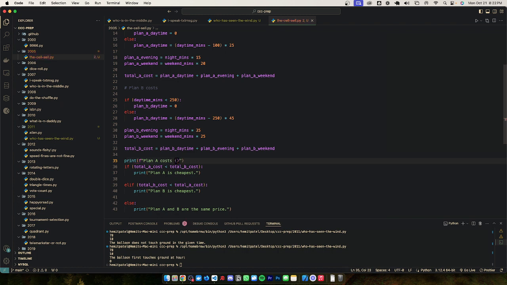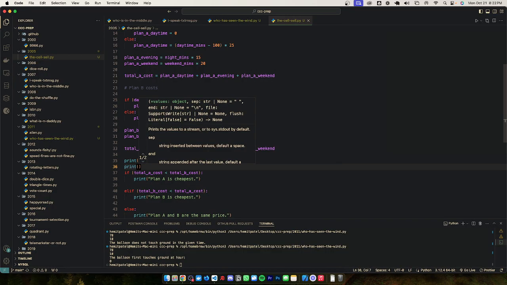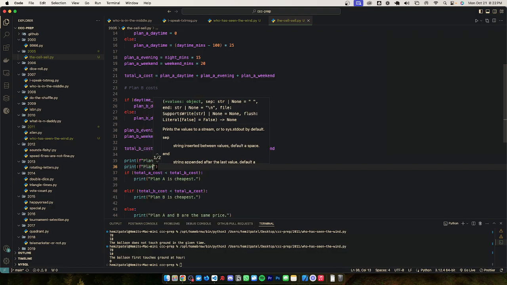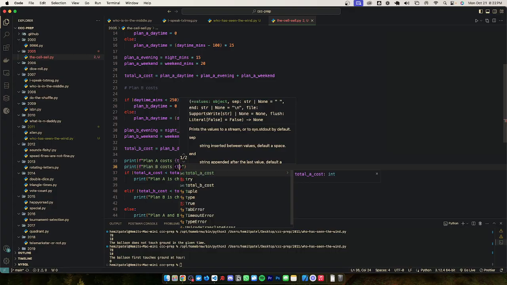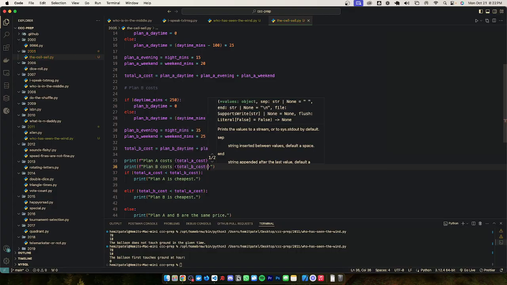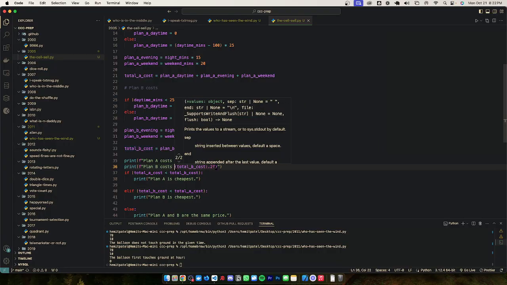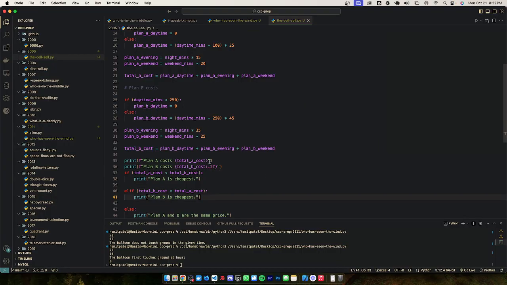And here, I'm just going to say total A cost, and then print total B cost, and then this is going to be with .2f, and this is also going to be with .2f.